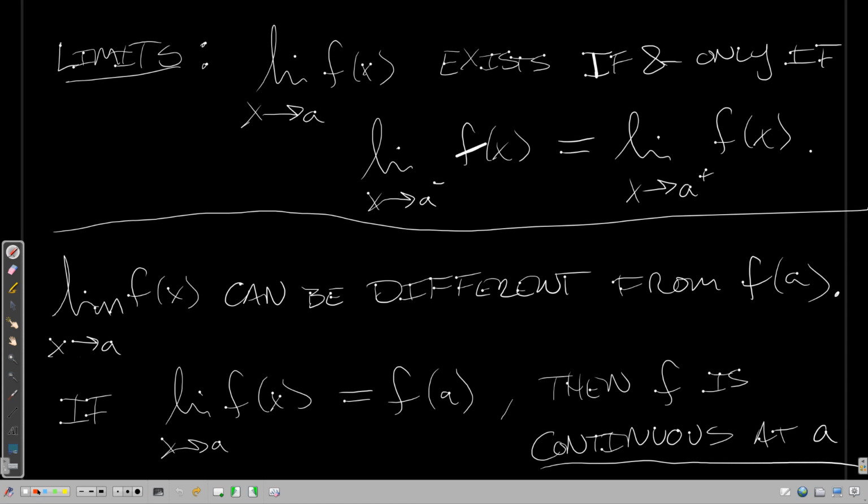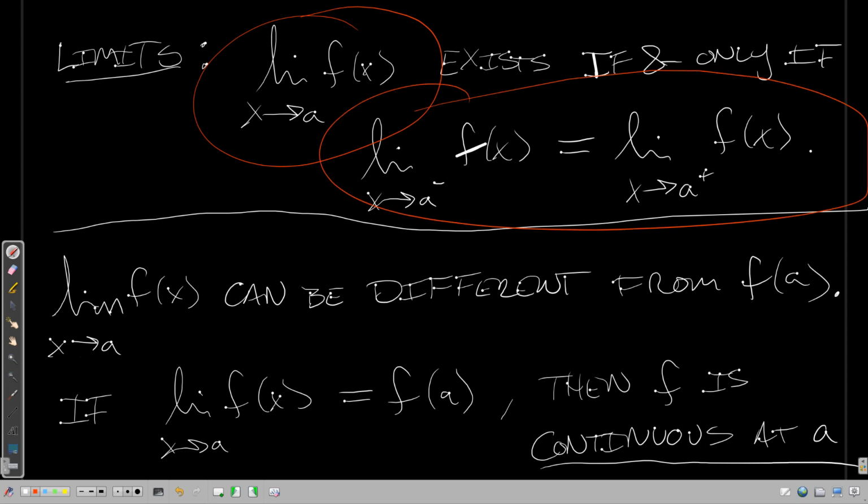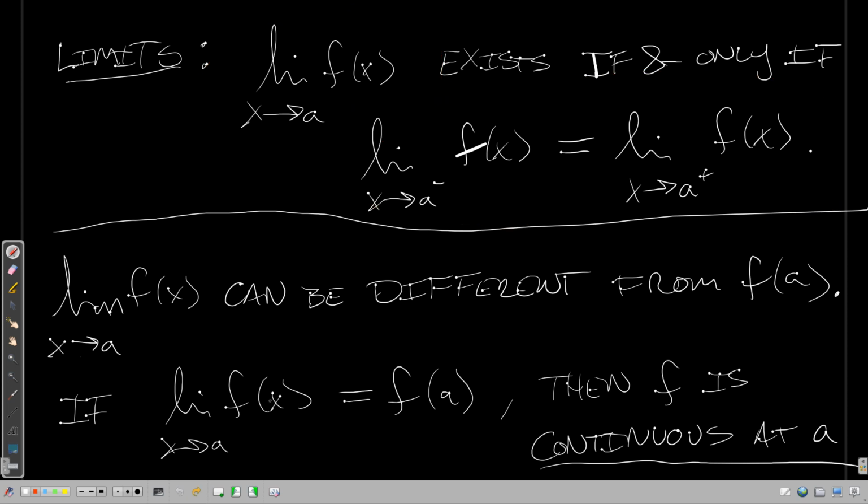Also, remember that the limit as x goes to a can be different from f of a. F of a doesn't even need to exist for the limit to exist. And the limit will only exist whenever this happens.